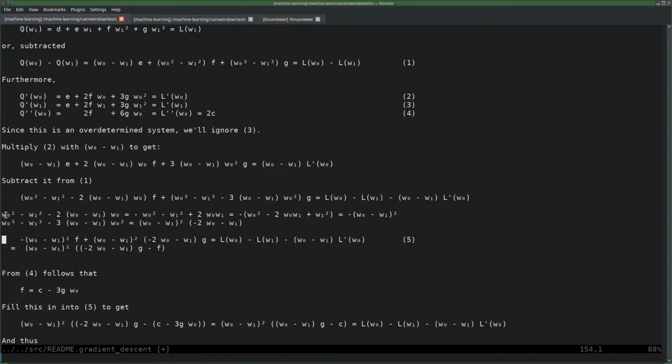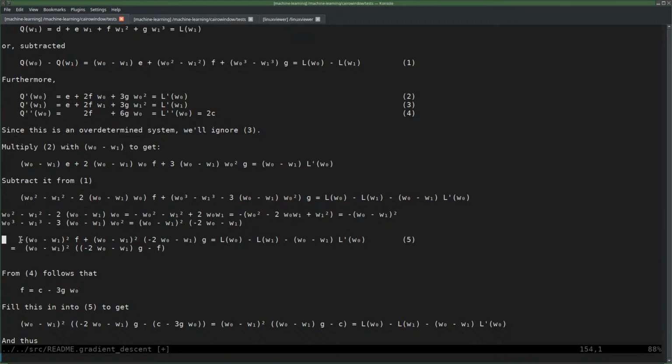This would be W0 squared minus W1 squared minus 2 times W0 minus W1 times W. So that part, what is multiplied with F, can be replaced with this.